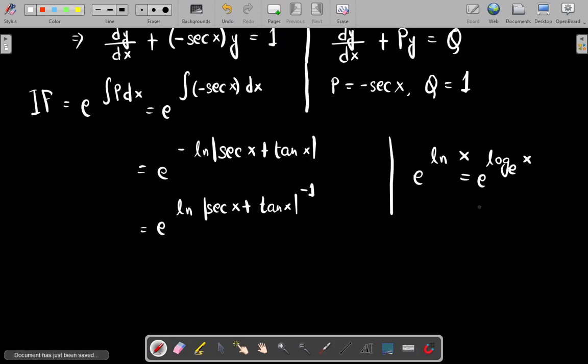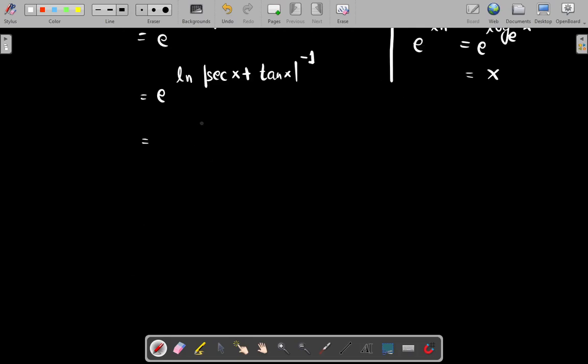This is what ln is, right? Natural logarithm, and this is equal to x, right? So in this case, our x is |sec x plus tan x| whole raised to the power minus 1. So this becomes nothing but 1 upon sec x plus tan x. Okay, so this is the integrating factor.